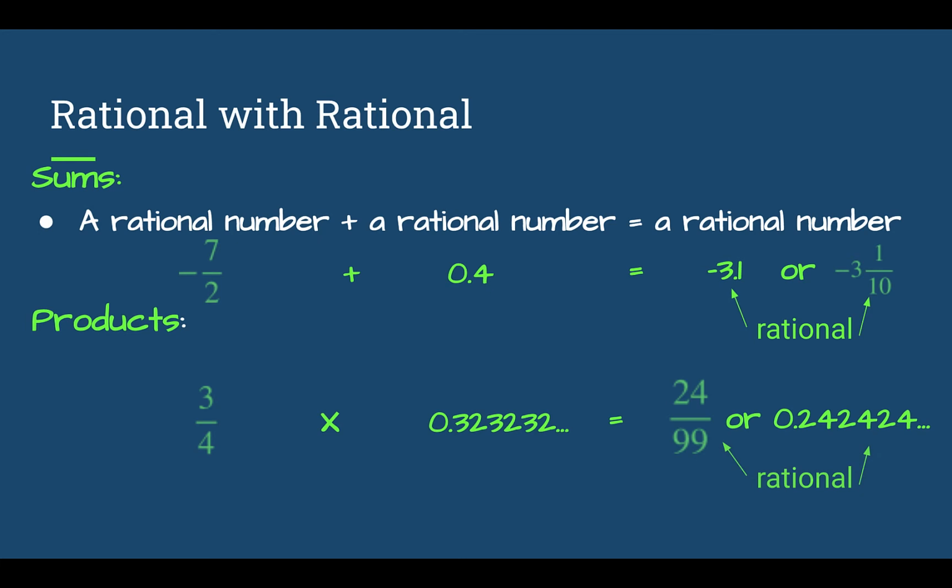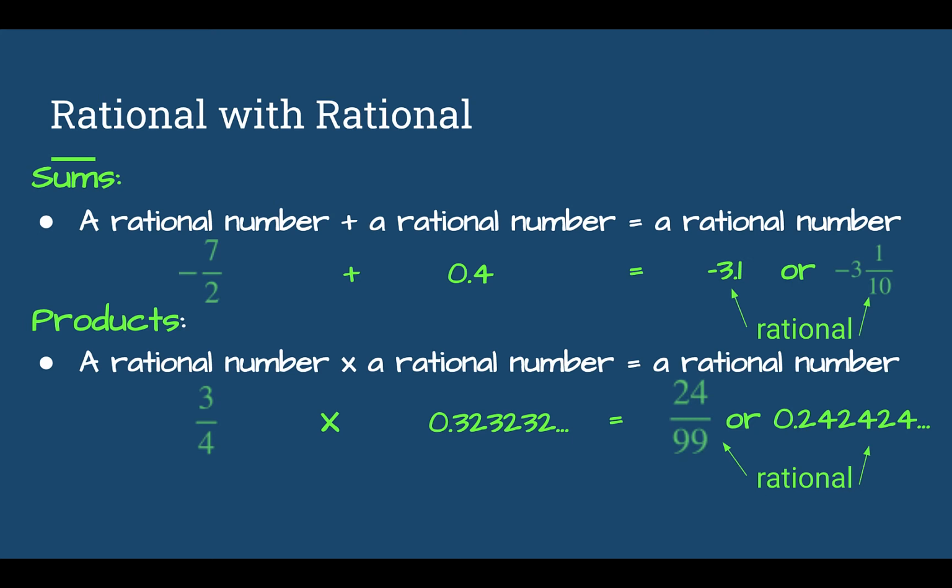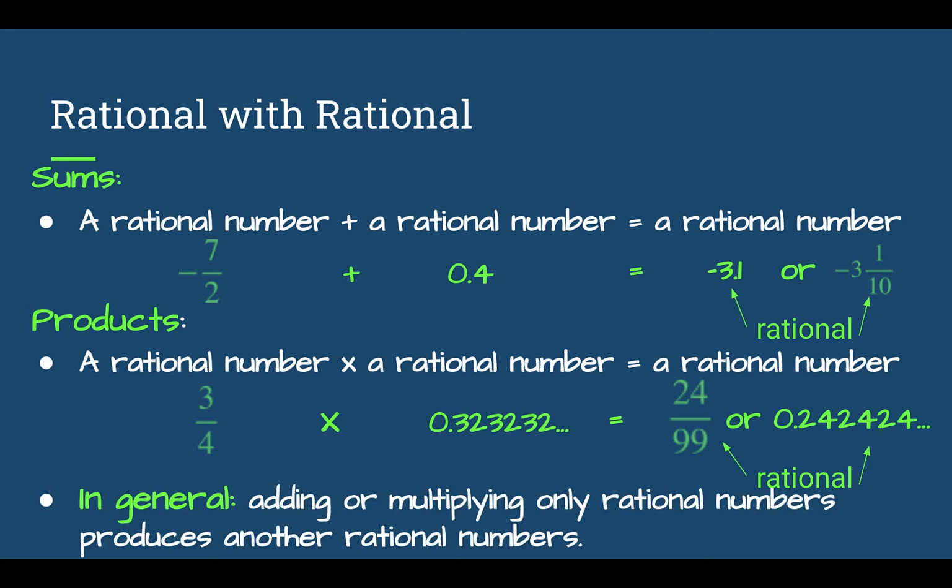Again, both of those numbers are rational. So a rational number times a rational number is also a rational number. So in general, if you only have R's, only rational numbers, if you add them or multiply them, you're going to get another R, another rational number.